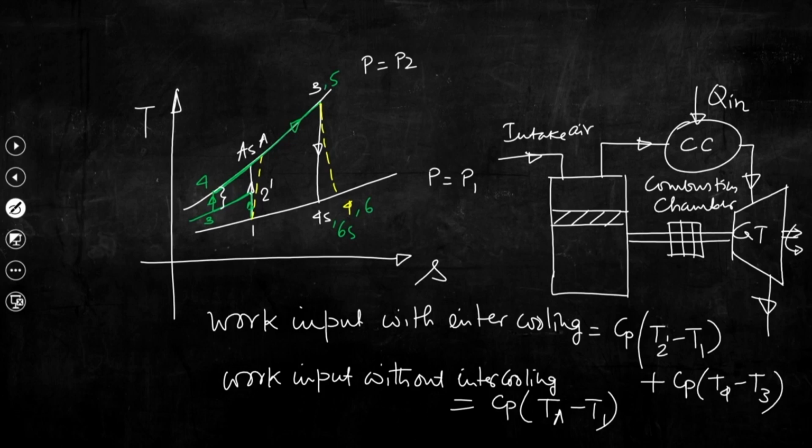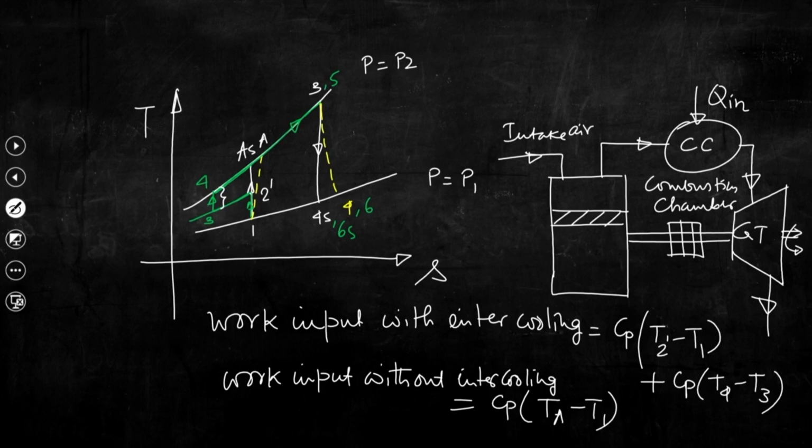So, in using an intercooling unit, we are essentially allowing air to be compressed in two different stages, and if the isentropic efficiency of both compressors is equal to that of the single stage compression, then this is true.